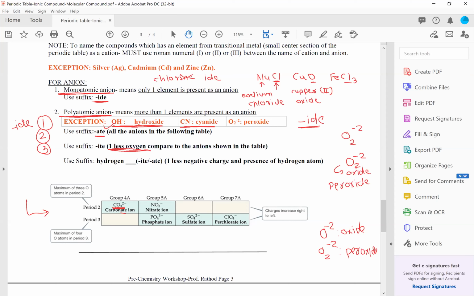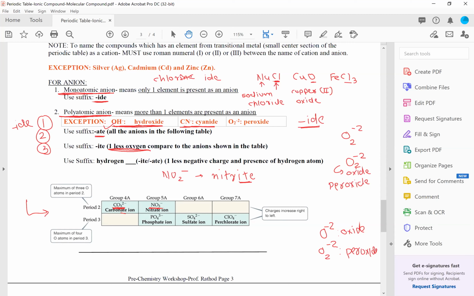For example, if I give you the anion NO2 minus, which has one less oxygen than what you have in the table, then instead of calling it nitrate, we call it nitrite. So what we just did is use "ite" as a suffix instead of "ate."